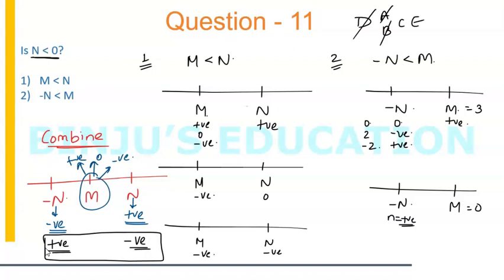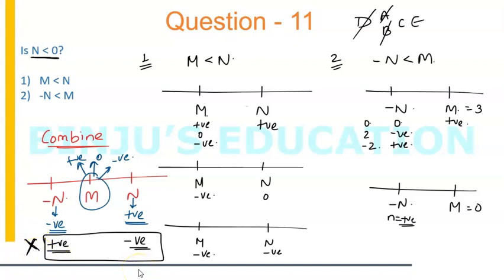So this case where n is negative and minus n becomes positive is not feasible. It cannot happen. N can't be negative. N lies to the right of minus n because n is greater than m. So this case is not applicable, and n can't be 0 also.